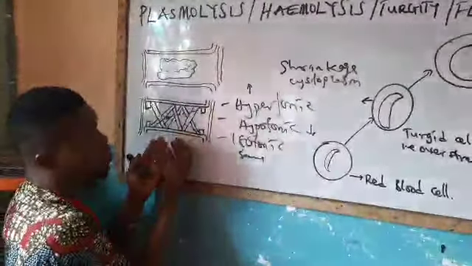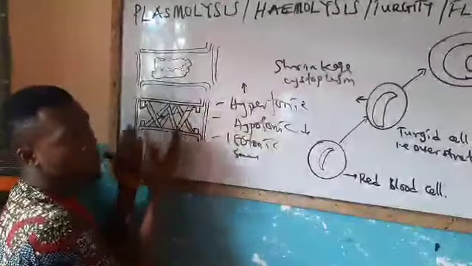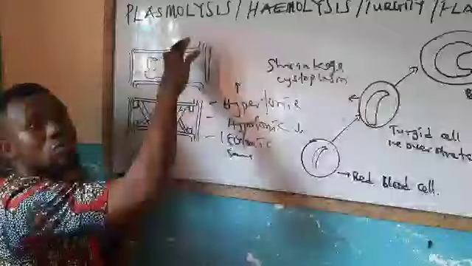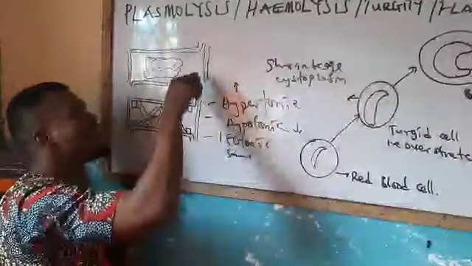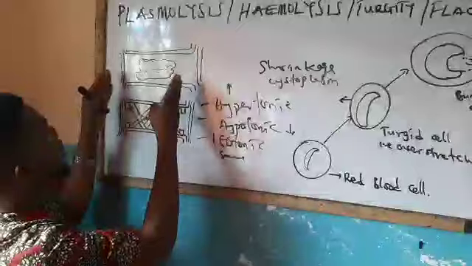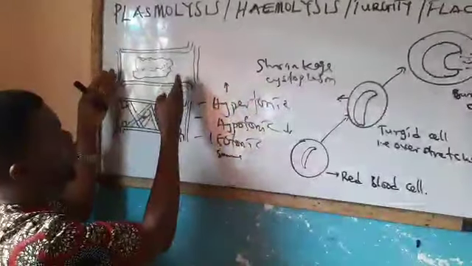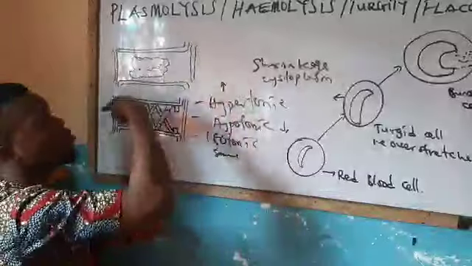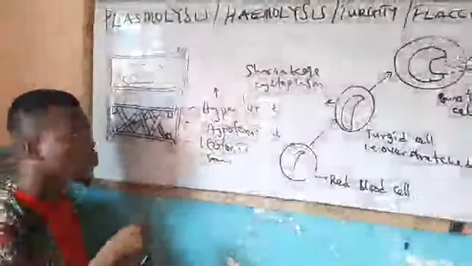This is a normal cell living in an isotonic condition, while this is a cell living in hypertonic solution. You can see that the cytoplasm shrank compared to this, meaning that it has lost water into the solution.